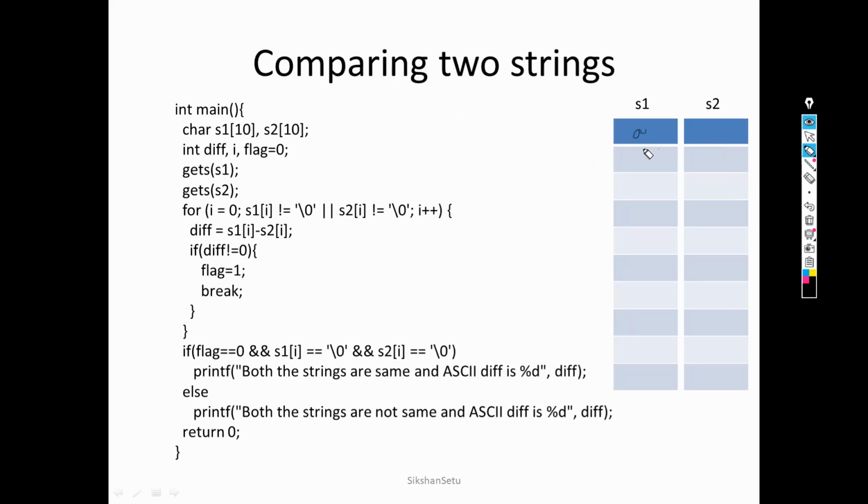Okay, now another case we take. Suppose it is A, B, C, D and here it is A, B, E, C. So it is A minus A, B minus B, but C minus E. Now C minus E, in this case the difference is minus 2.